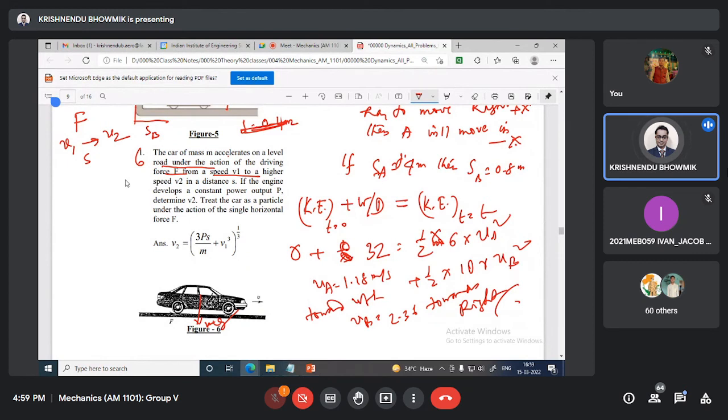If the engine develops a constant power output P, determine V2. Treat the car as a particle under the action of a single horizontal force. So it is a 1D problem.